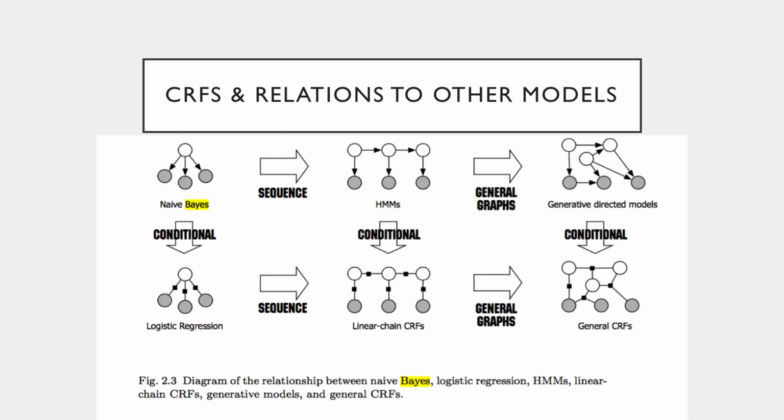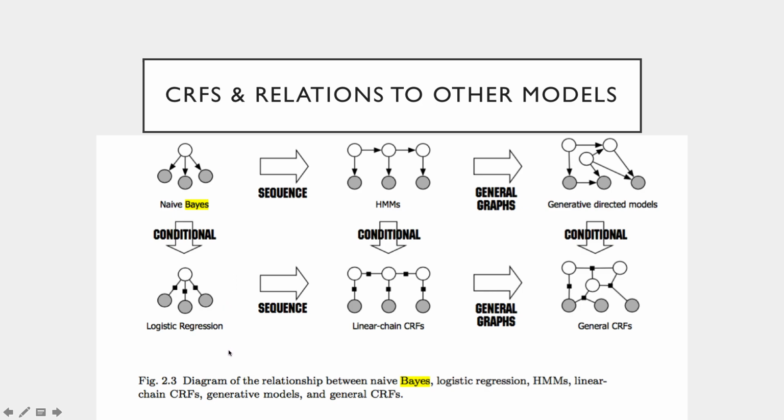It's kind of hard to conceptualize with words alone, so hopefully this visualization gives you a better idea of the relationship between different models. So here you have naive Bayes. It's a directed acyclic graph, and if you add in those feature functions I talked about before, which I'll get to later, and yield a conditional probability, then you have logistic regression.